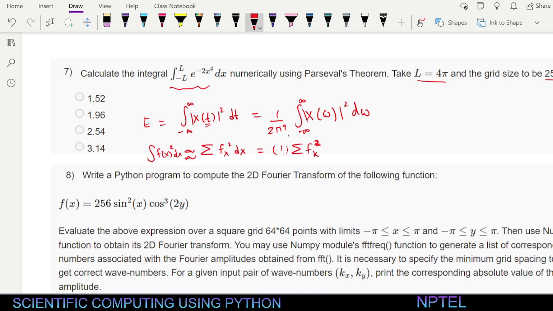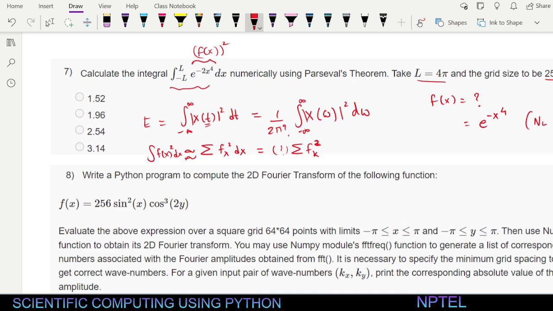So this is the idea, and one thing that we have to find is what is f of x in this problem. Remember, we want this to be f(x) square. So this is going to be e to the power minus x square, right?